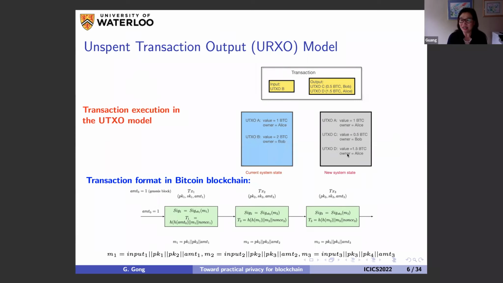So this is transaction D, and he has 0.5 remaining, which is sent to himself. So his original UTXO-B becomes UTXO-C, owner is Bob. So he only has 0.5 Bitcoin.